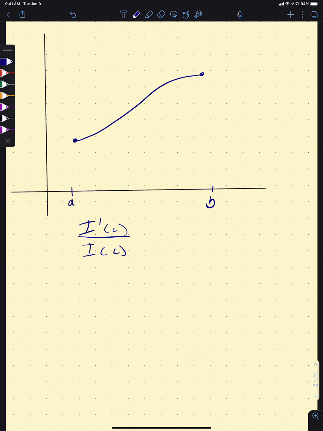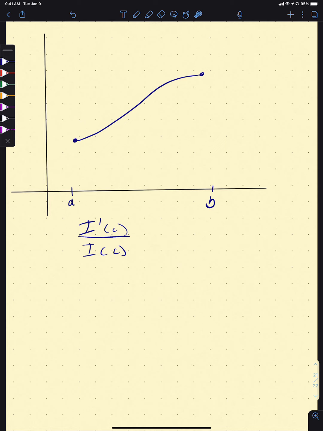But what happens if I take the second derivative? That's going to give us the rate at which this is changing.